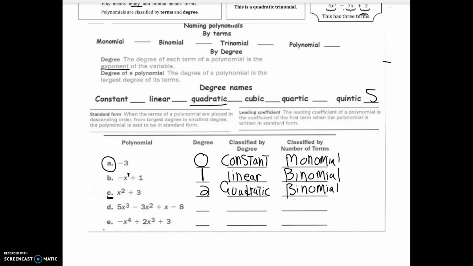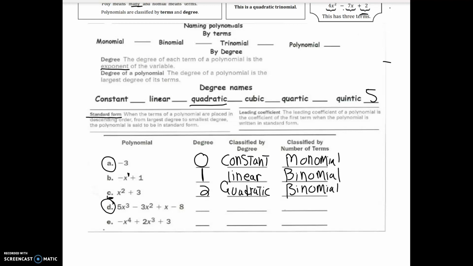Again, you'll notice all of these are what we call standard form because we're going from highest to lowest. And you always need to put these in standard form. So if these were mixed up, you would have to rearrange them and make sure that your highest degree is always first. D is already in standard form.